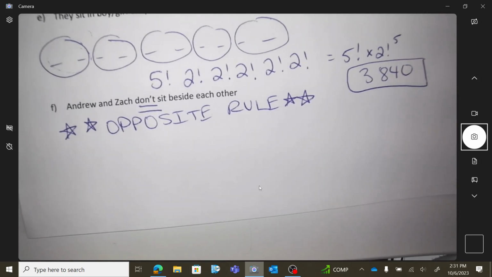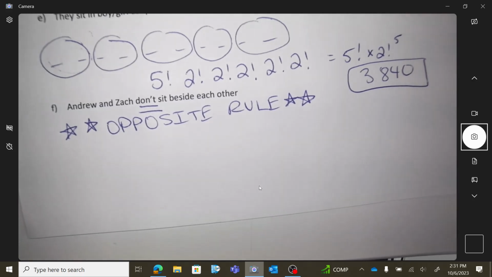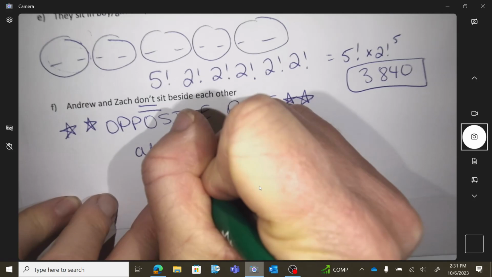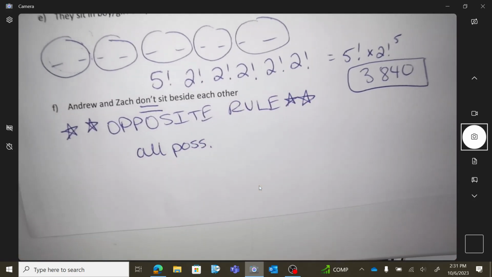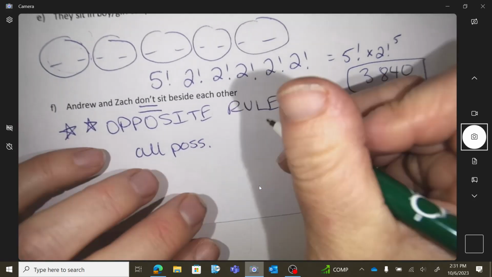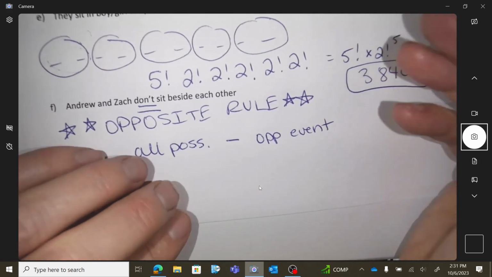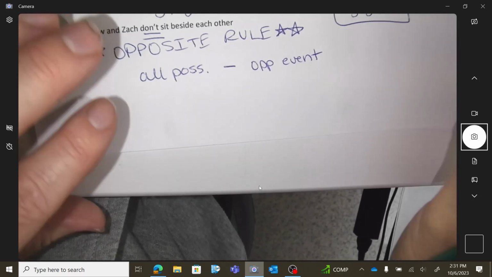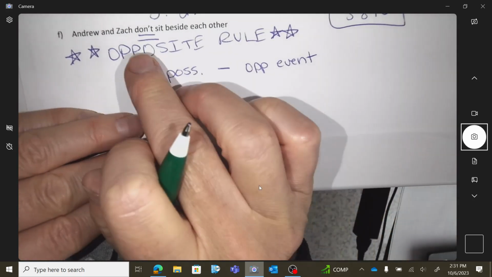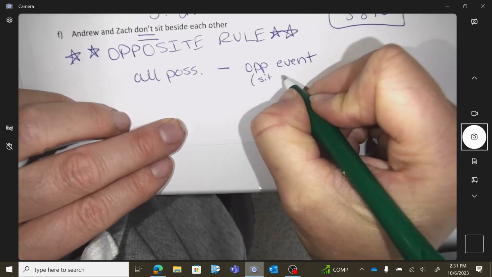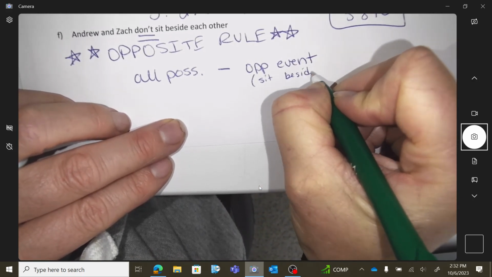Those are the only 2 scenarios that could happen, right? They're either sitting beside each other or not sitting beside each other. So we're going to do this. However many were all possible, subtract the opposite event. What is the opposite event of them not sitting beside each other? If they sit beside each other.